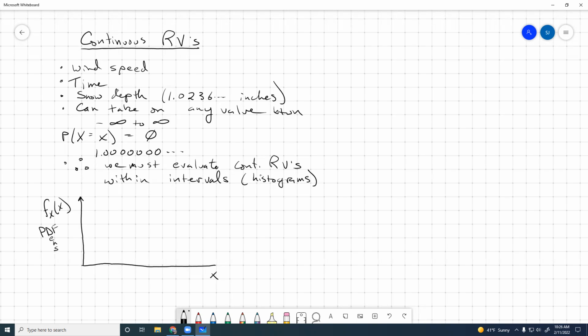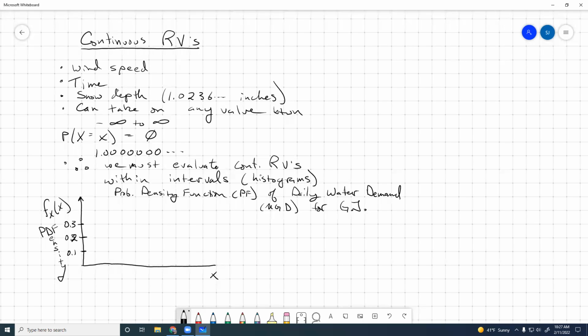So density. And then we're going to evaluate what we're going to call the probability density function, or PDF, of daily water demands in million gallons per day for the city of Grand Junction.